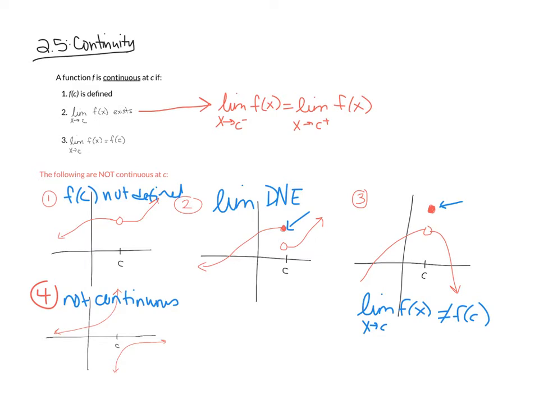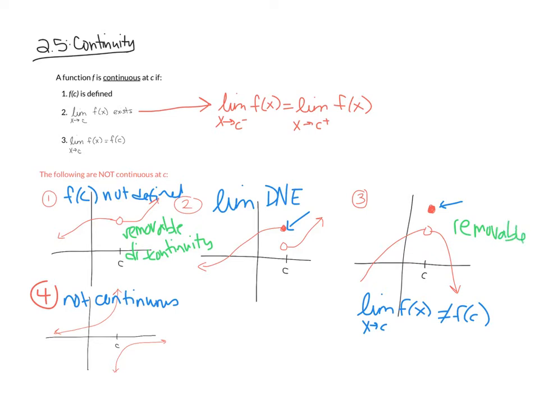So before we work out a problem on our own, I want to go over just one more thing on this slide here. Numbers 1 and 3 are what we call a removable discontinuity. And we call it removable because it can be fixed.